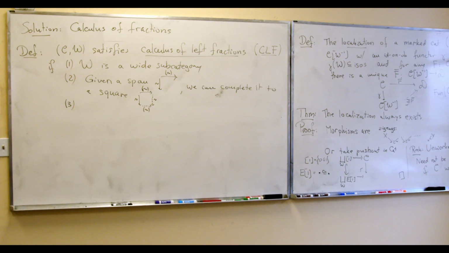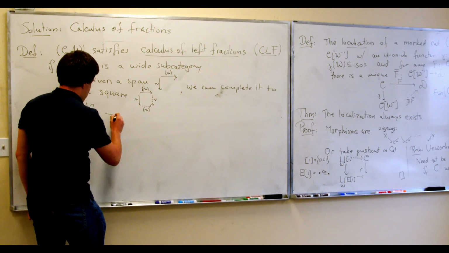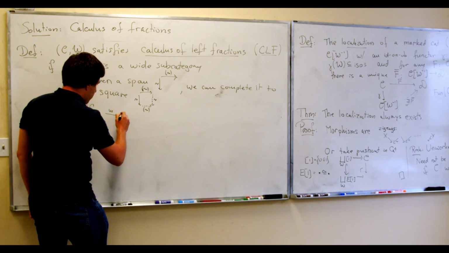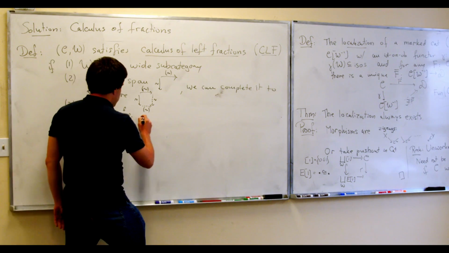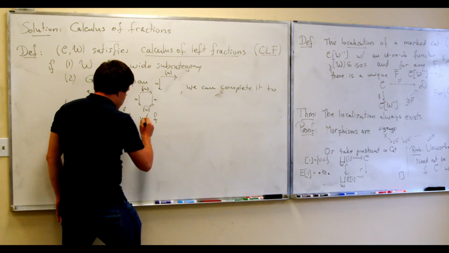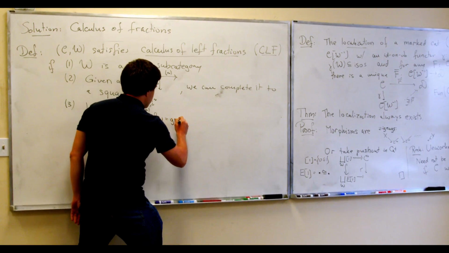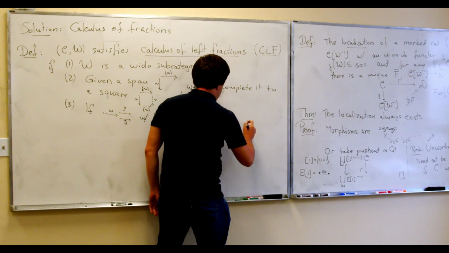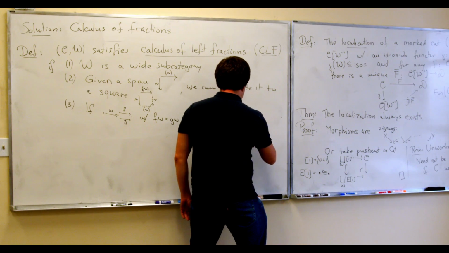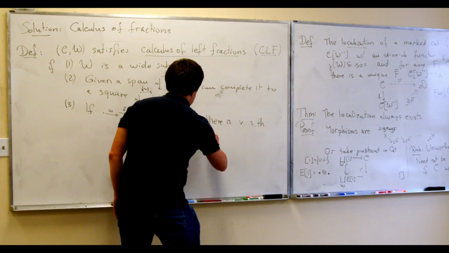Okay. And the third condition is that if in a diagram of that form, I have f, g, like that, with w, and not just a W, so f w is equal to g w, then there is v such that v f is equal to v g.